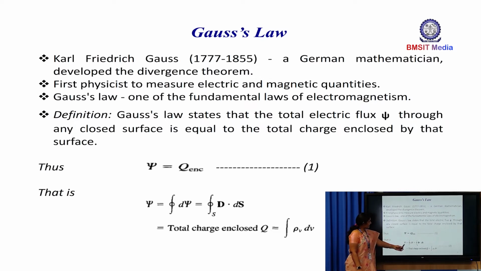That is, psi equals, for this closed surface, the integral of d psi, which you can equate with the electric flux density D dot dS. The total charge enclosed by that surface, Q, equals the integral of rho v dv.